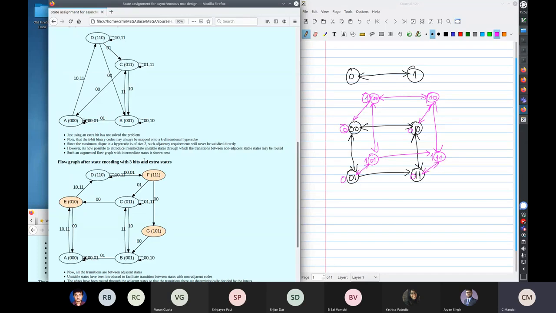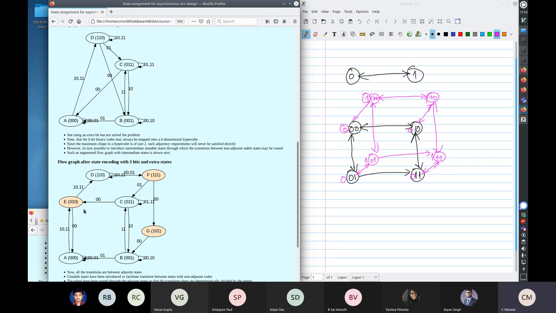So what you found is that in the earlier examples, because of the state encoding, certain transitions were going haywire. They were not happening correctly. But with this kind of embedding onto a hypercube, now you can be sure that all the transitions are happening as you want them to happen.